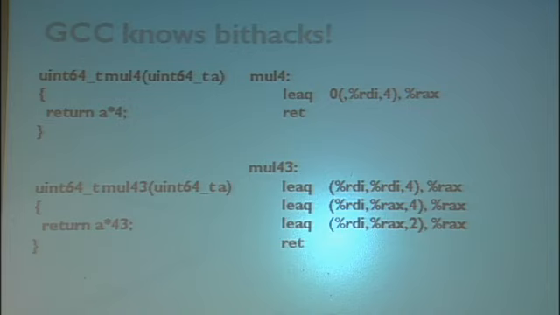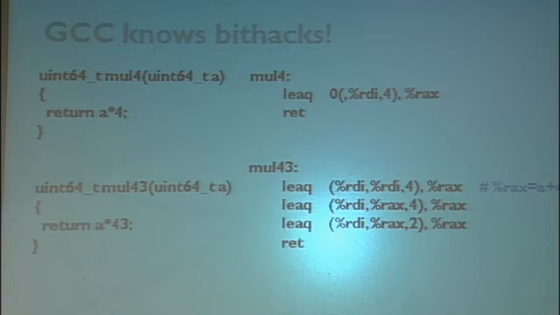What's in RAX after the first LEAQ instruction? Do you want to take a wild guess? Five. Yes, exactly. What it does is 4a plus a, so 5a in here.